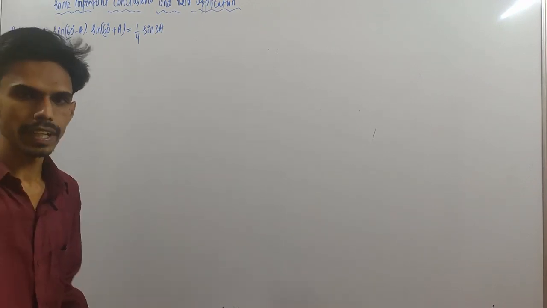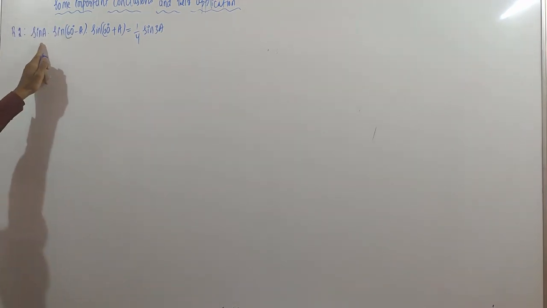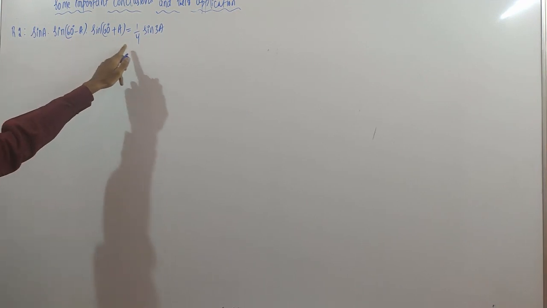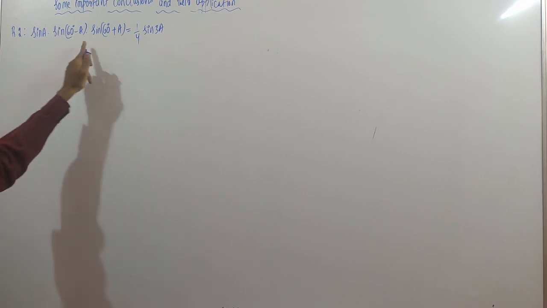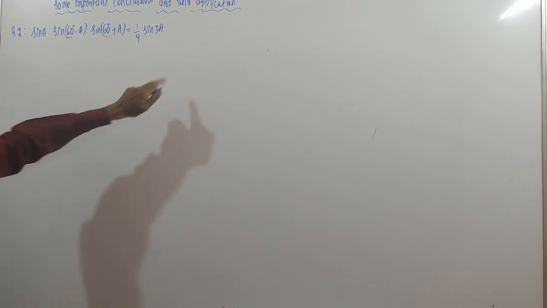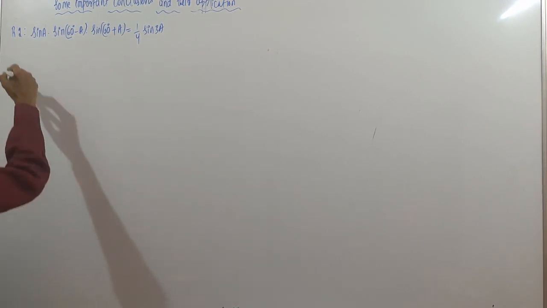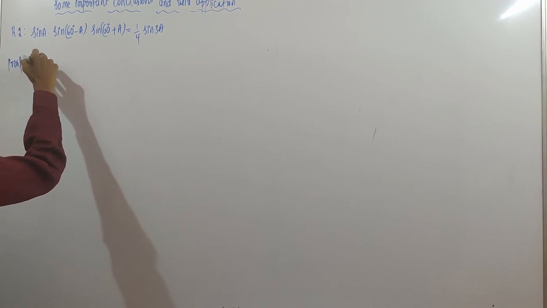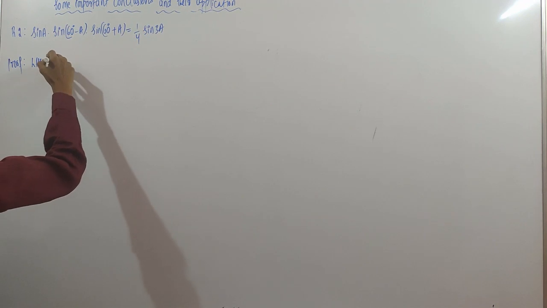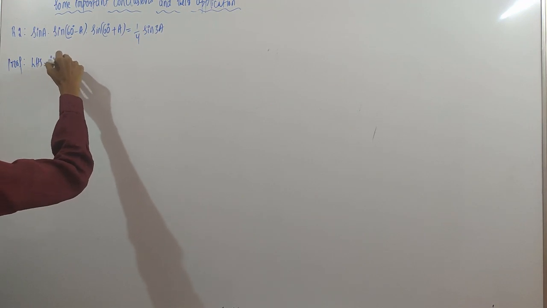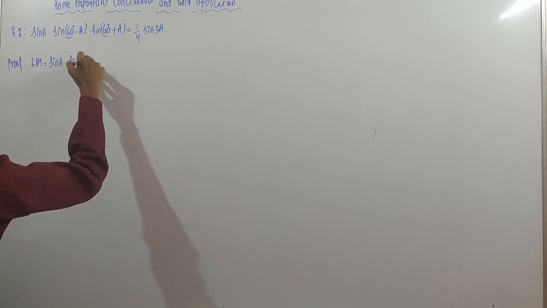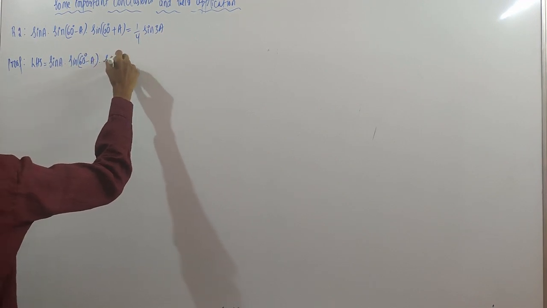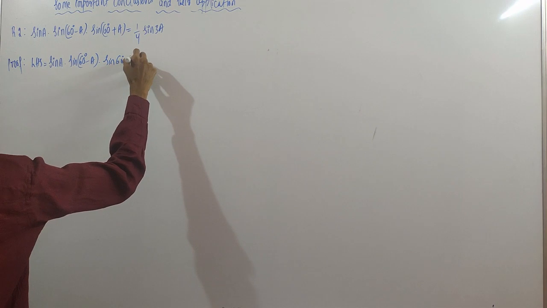Now let us derive the second result. We have sin A into sin(60 minus A) into sin(60 plus A) is equal to 1 by 4 sin 3A. 1A, 2A and 3A. So we have 3A. Now let us prove this. Take LHS. We have sin A, sin(60 degree minus A) into sin(60 degree plus A).